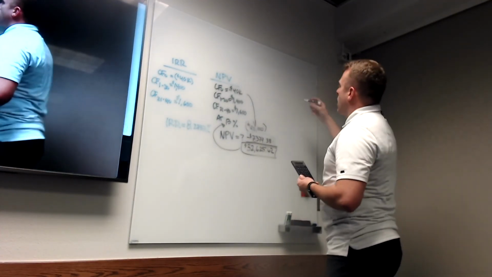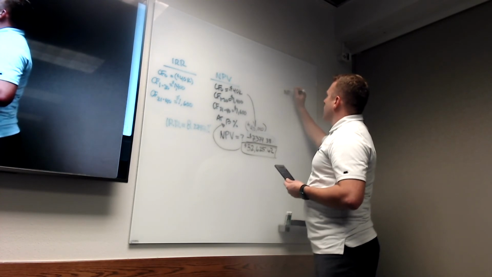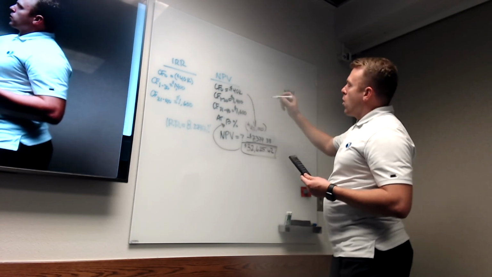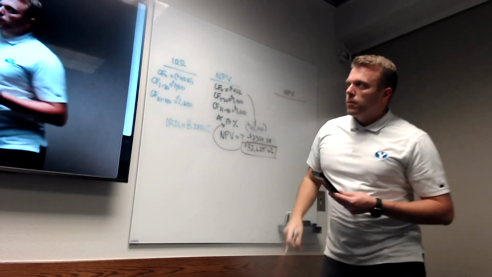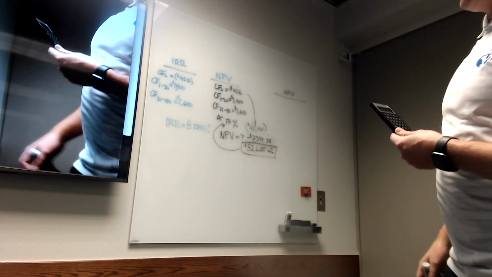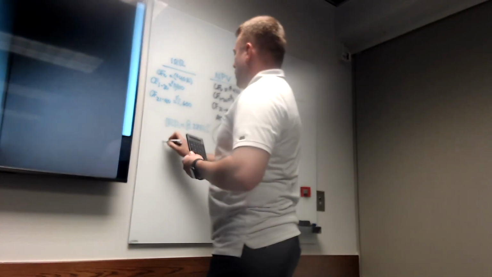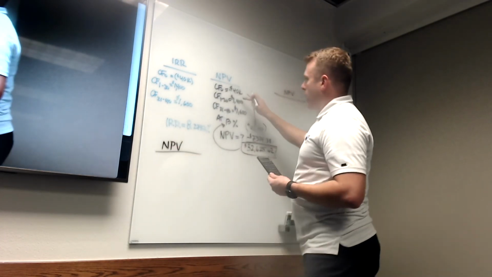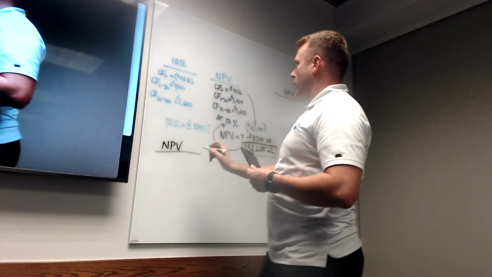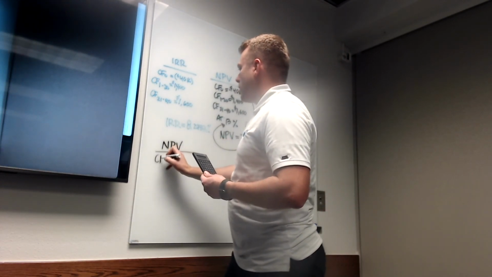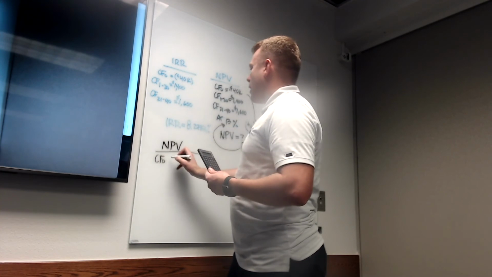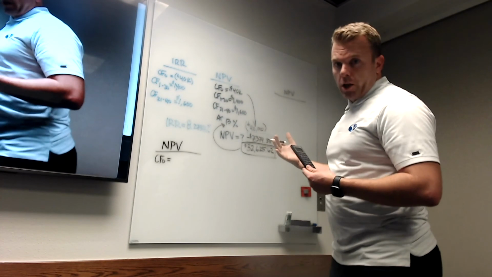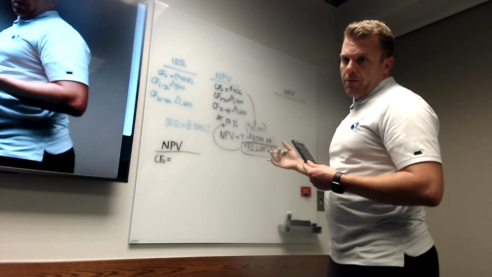So say we want to solve for the NPV of these cash flows. Let me start over here. What we want to do is solve for the NPV of the 1,400 and 1,600 cash flow. So we actually don't include the 40,000, because when we include that in the cash flows, it actually finds the inverse.